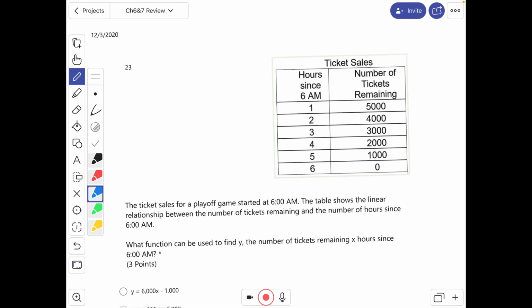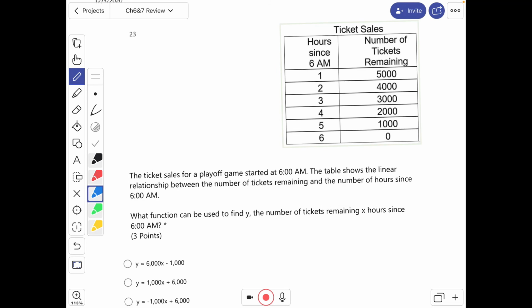23. The ticket sales for a playoff game started at 6 a.m. The table shows the linear relationship between the number of tickets remaining and the number of hours since 6 a.m. What function can be used to find y, the number of tickets remaining, x hours since 6 a.m.? So we're going to write an equation from the graph.